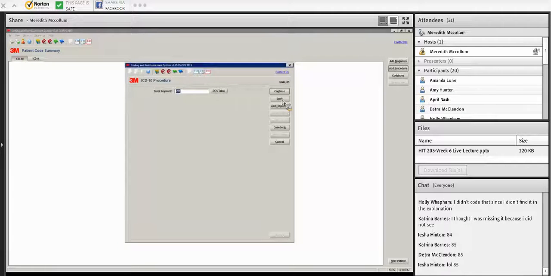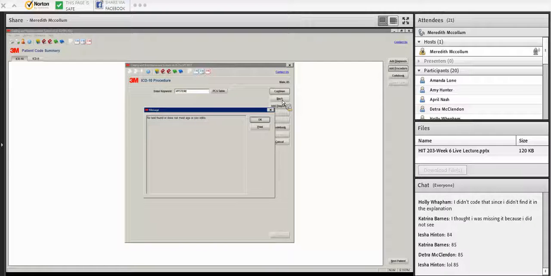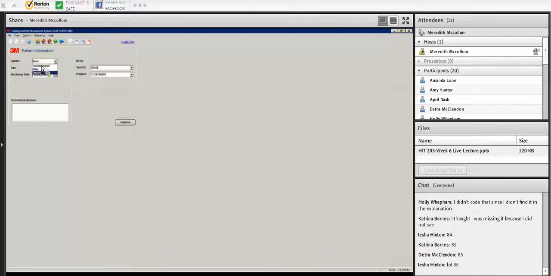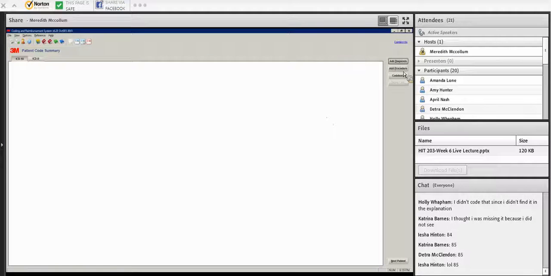If I try to type in hysterectomy, is it really going to say no text found, or does not meet the age or sex edits? So that's what happens. Let me change it to female, and I will change it to 85. And then I'm going to add procedures.